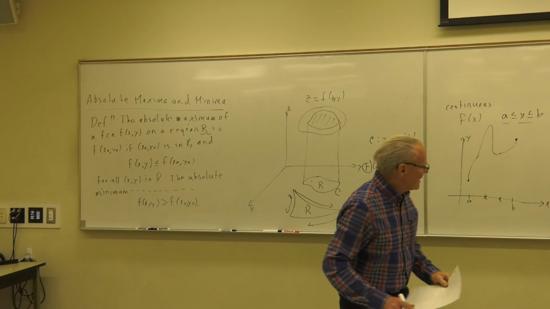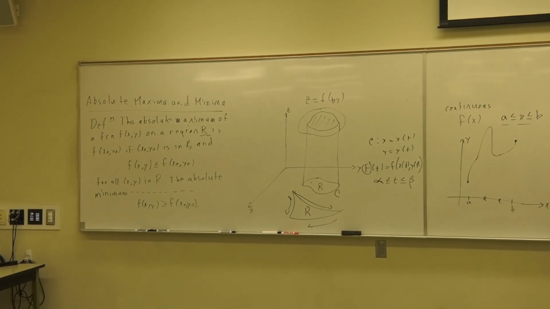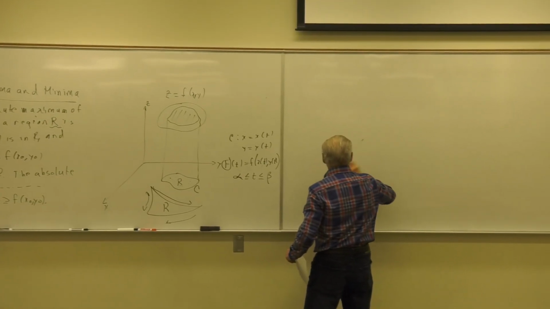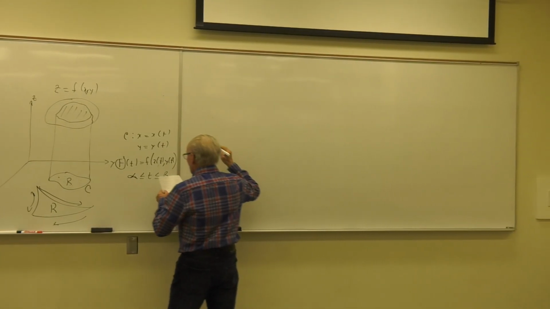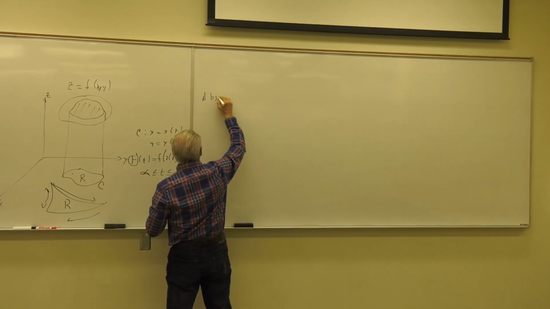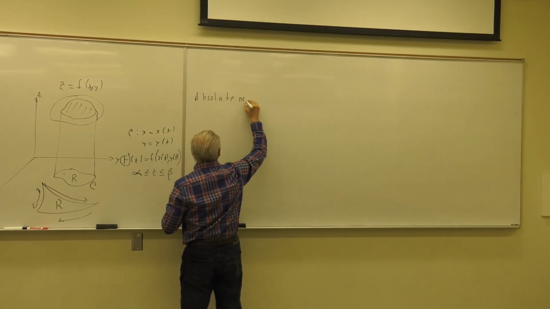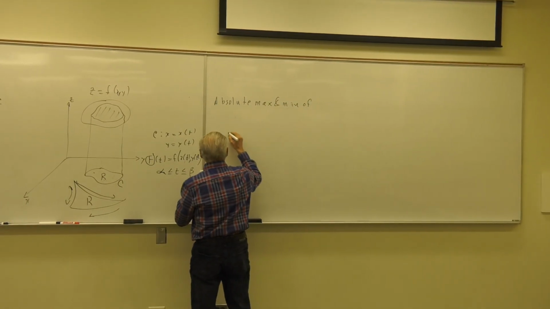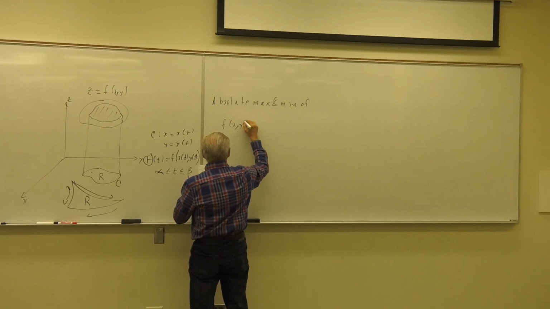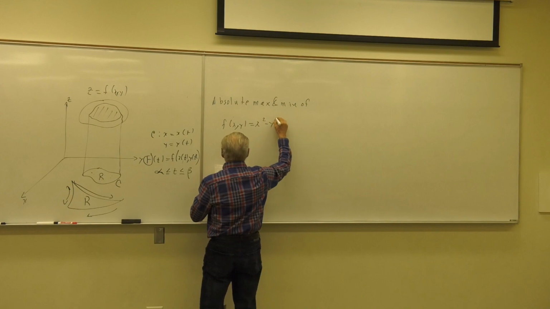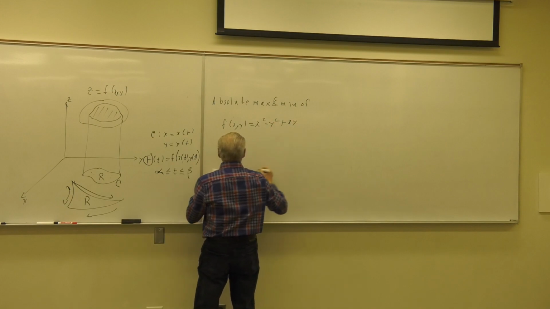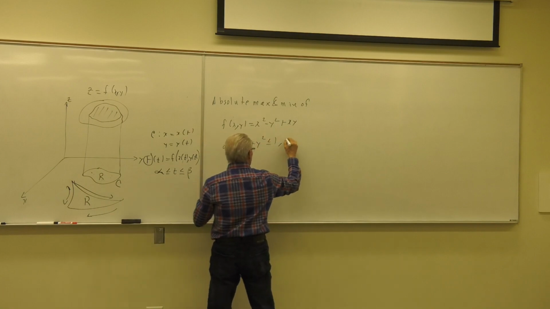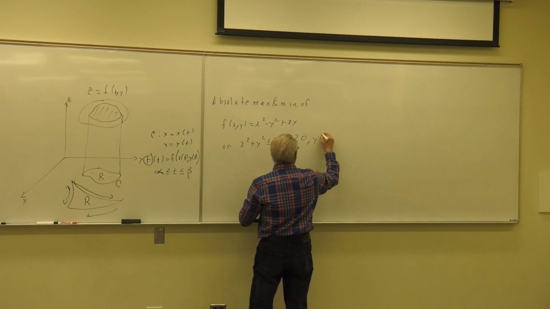All right. First example. So you've got the idea of what we have to do. Find the absolute max and min of this function, f of x y, equal to x squared minus y squared plus xy, on the region x squared plus y squared less than or equal to 1, x greater than or equal to 0, and y greater than or equal to 0.